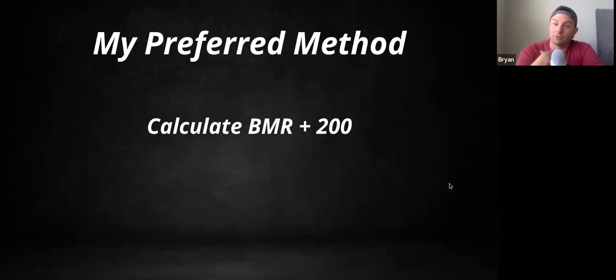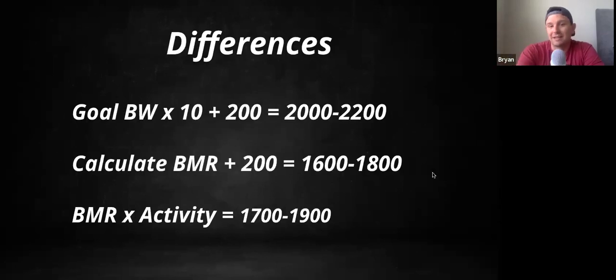All right. Now, my preferred method is the BMR plus 200. I know a lot of you are probably asking, wait, that's a bunch of different numbers. Which one should I do? Well, obviously now you know my preferred method, but to recap, body weight times 10 is a range of about 2,000 to 2,200 calories.